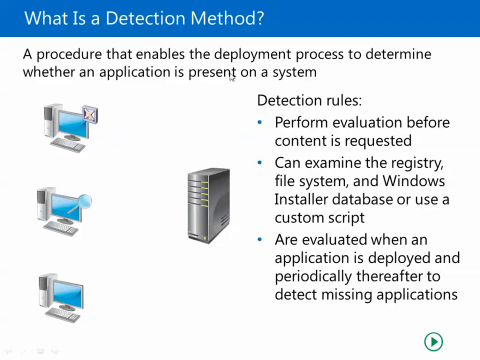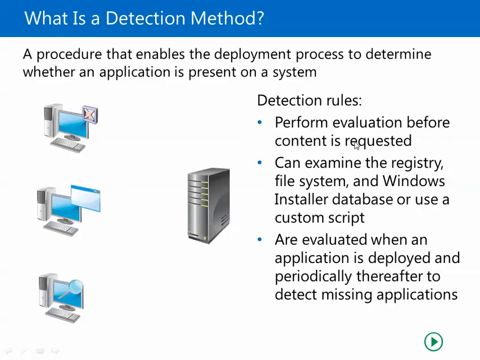What is detection method? Detection method is a procedure that enables the deployment process to determine whether an application is present on a system. As I told you before, SCCM will not deploy it again if that application is already running; it will not overwrite. Getting? So if it's already installed, it will not install. See, in this you can see it will check first before deploying.